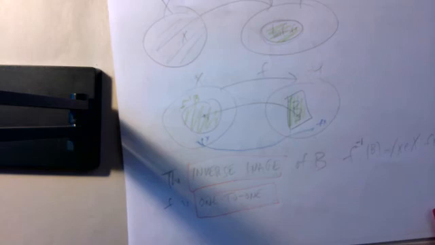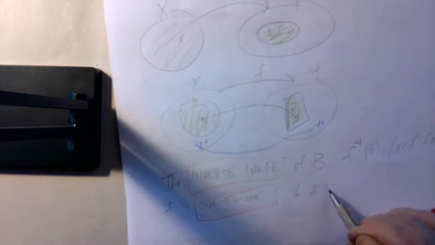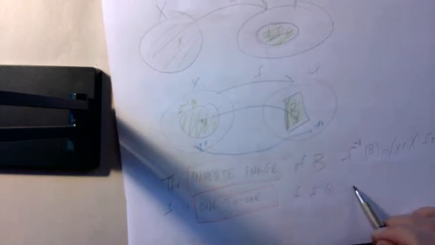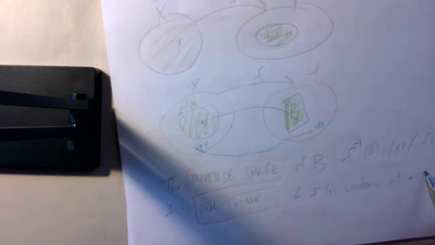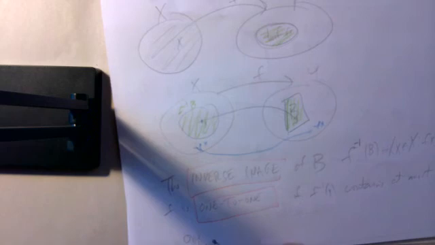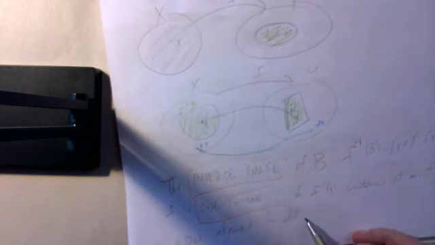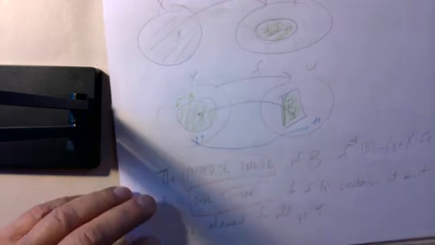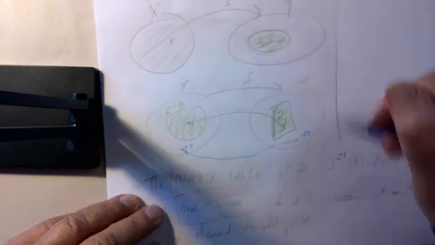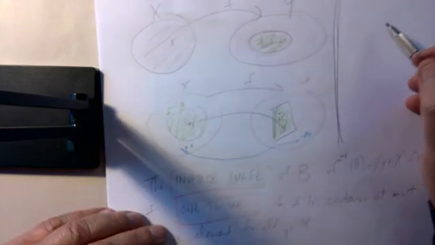Function f is 1 to 1 if f inverse of y contains at most one element for all y in Y. So let me draw a picture of what that means.